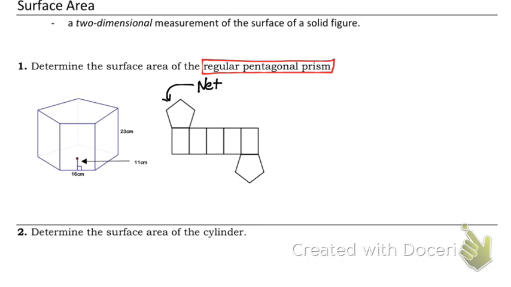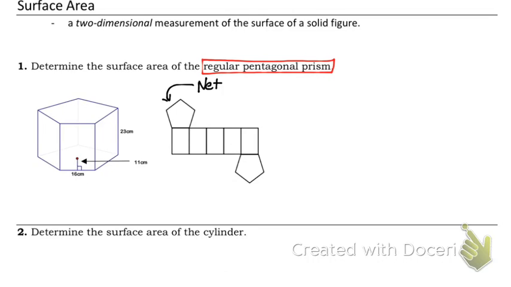To come up with our surface area, I need to know the area of this pentagon, and these rectangles. Add it together, and I have my entire surface area of this object. So it's just finding little bits of area and adding everything together.